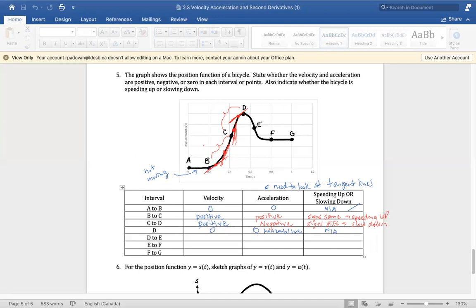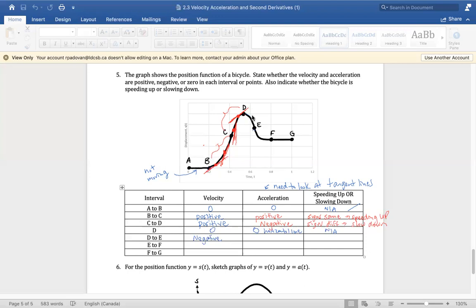Now we're moving to the other side, from D to E. I'm on my way down, so my velocity is negative. For my acceleration, let's go back and look at my tangent lines, and maybe I'll change my color here.